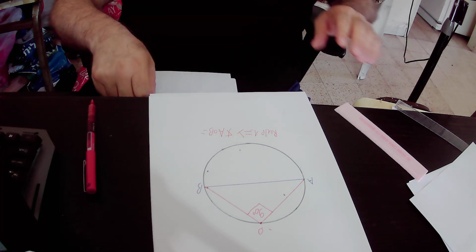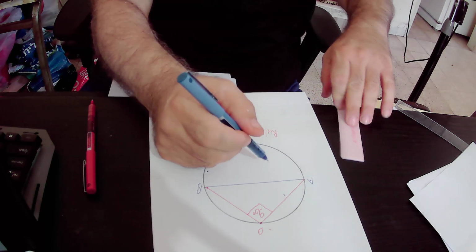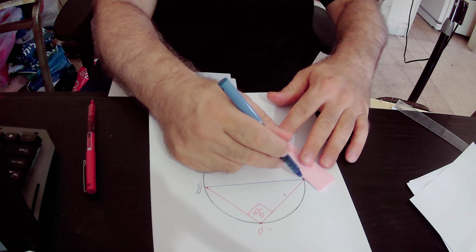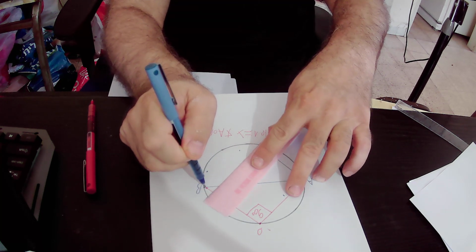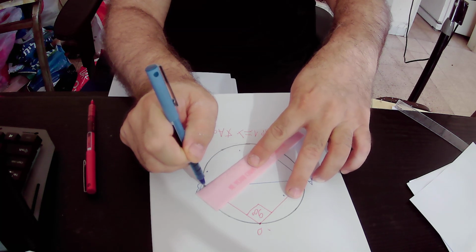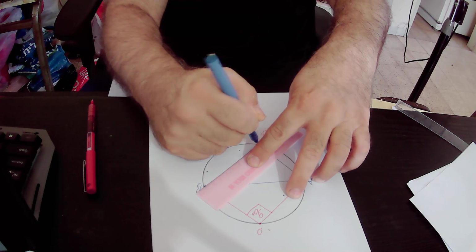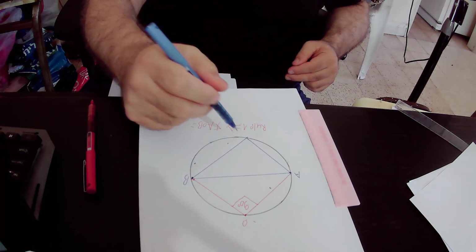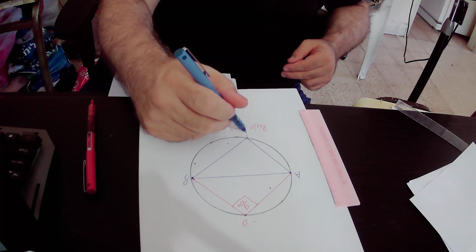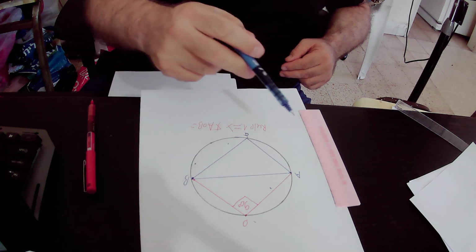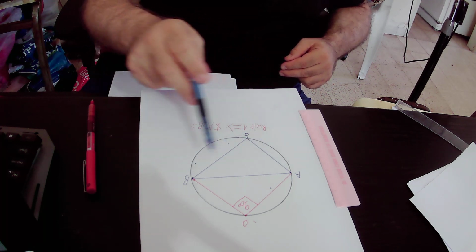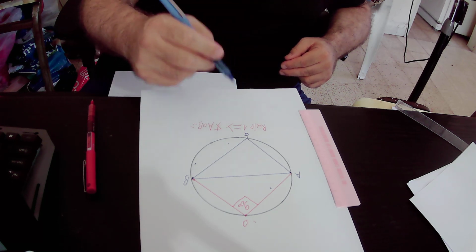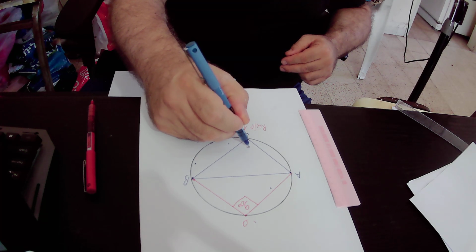And if we have another angle, angle ACB also rests on the diameter of this circle, and according to rule number 1, it also will be equal to 90 degrees.